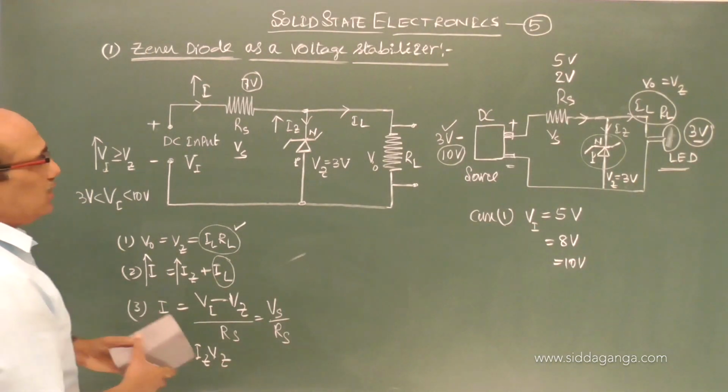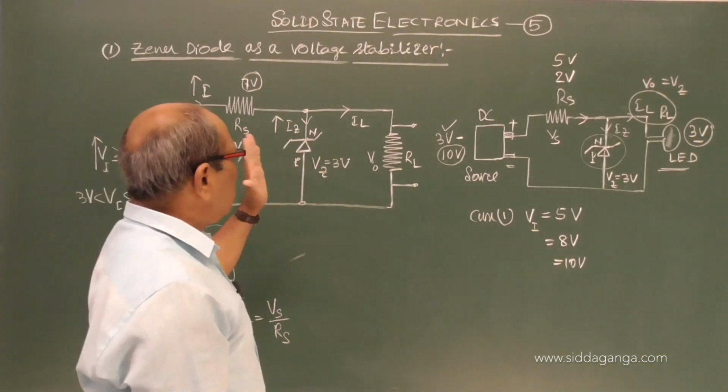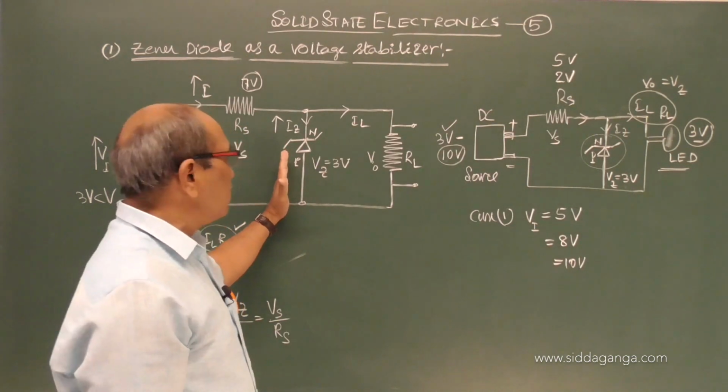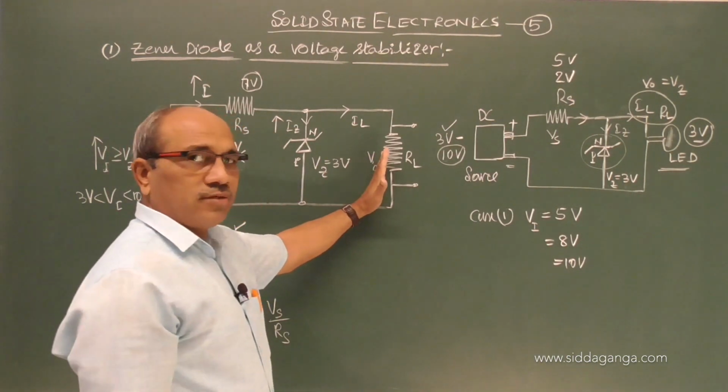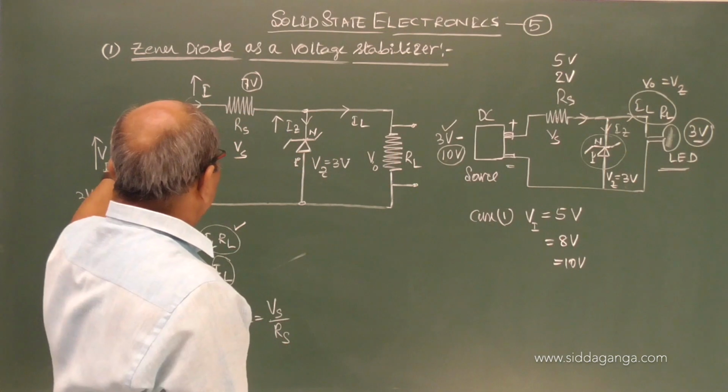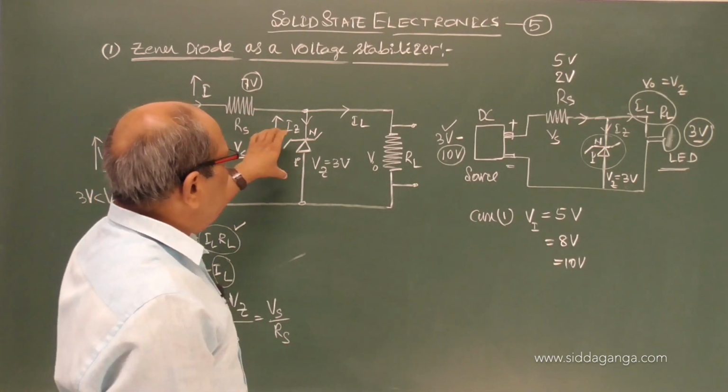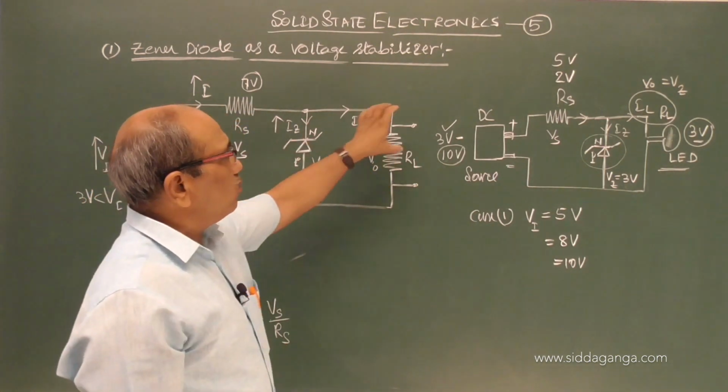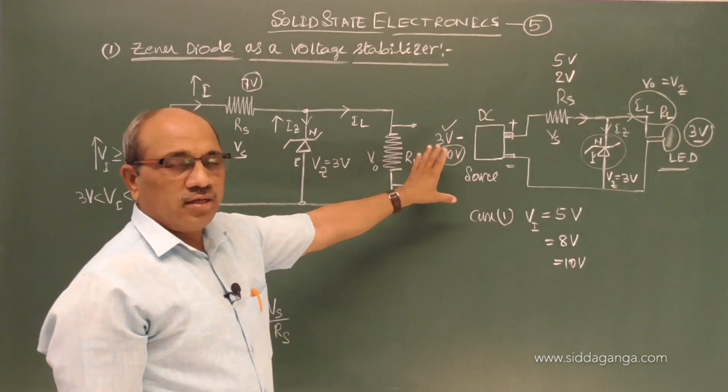As a voltage stabilizer, once we connect it under reverse bias across the load resistor, any variation of the input voltage may be stabilized and a constant output voltage may be obtained.